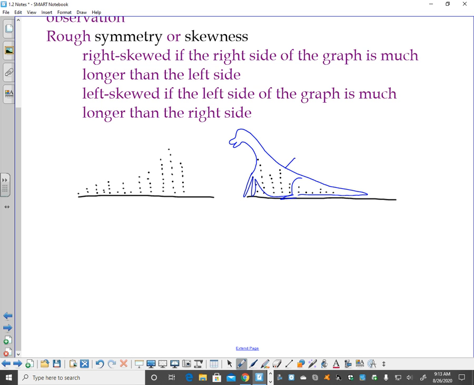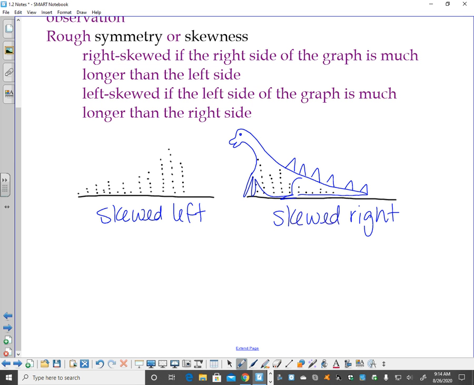These are the scales on his back. Beautiful. The point is, whichever direction the tail is pointing is the direction of the skewness. So this one is skewed right, and this one is skewed left.